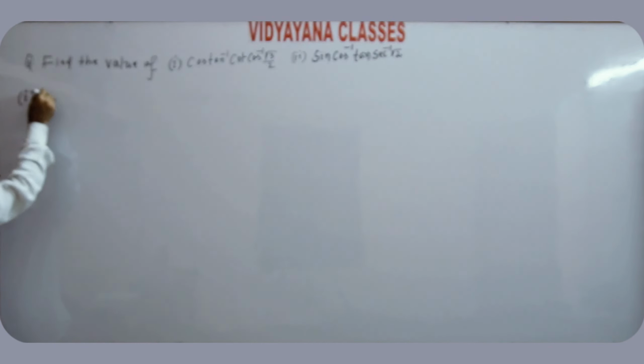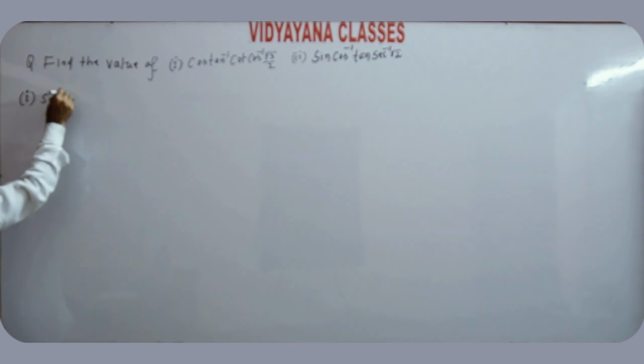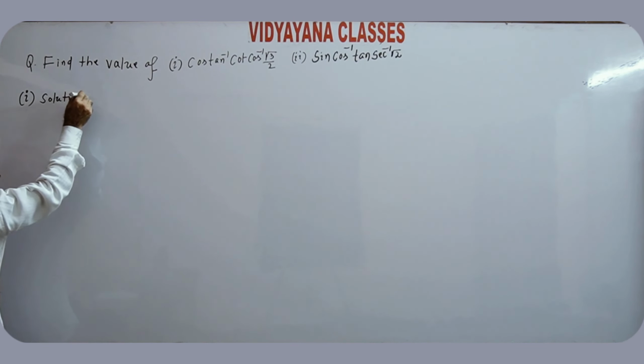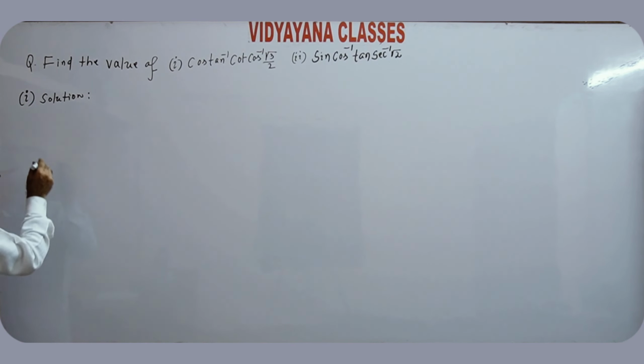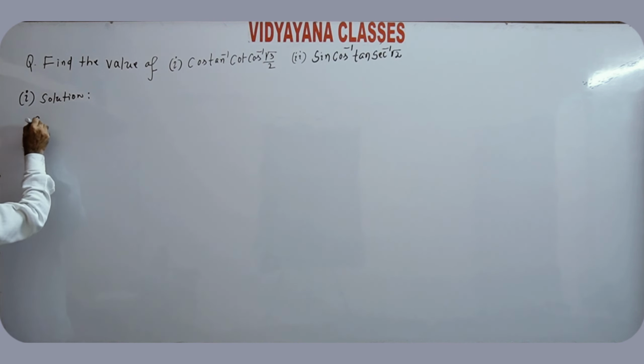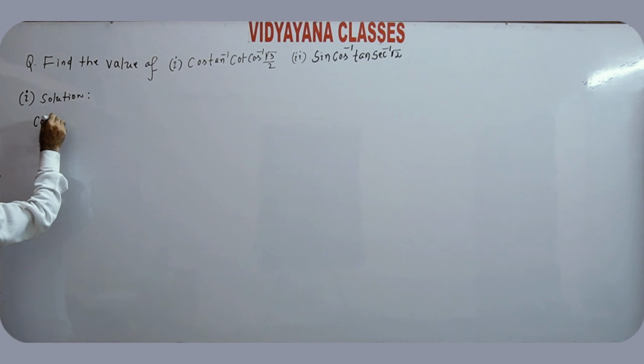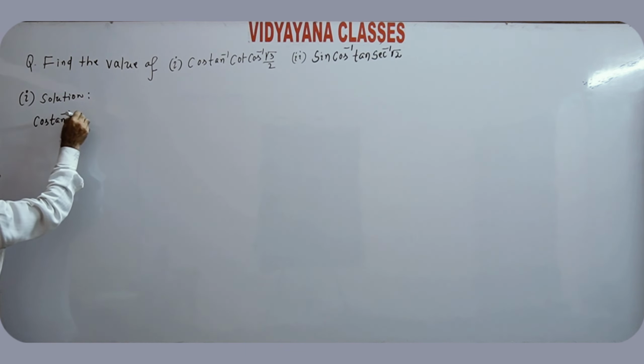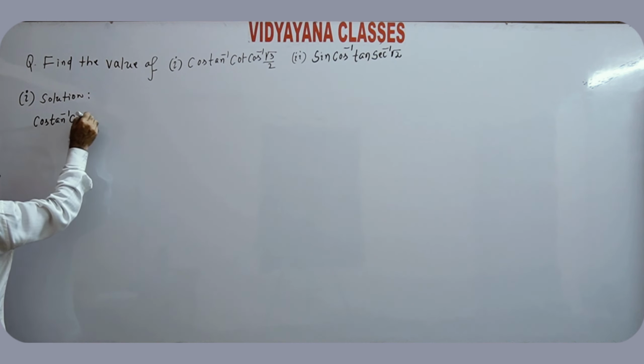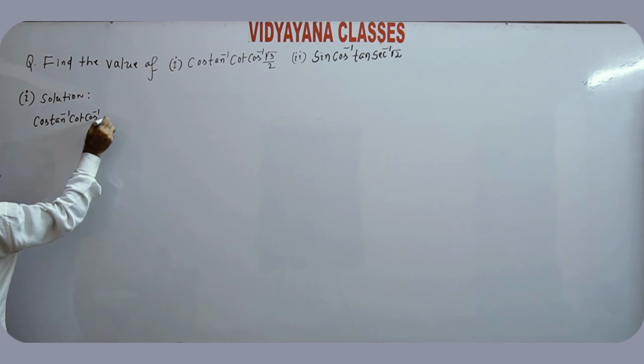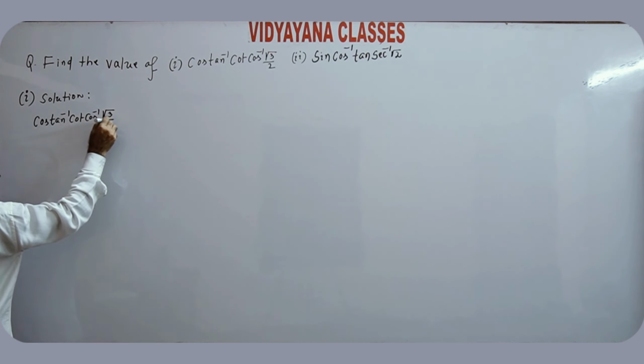First bit, solution: cos tan inverse cos inverse root 3 by 2.